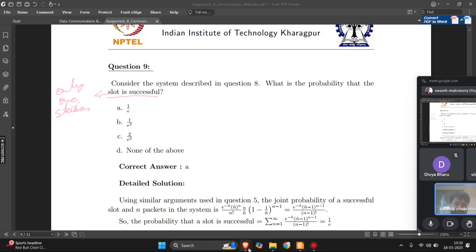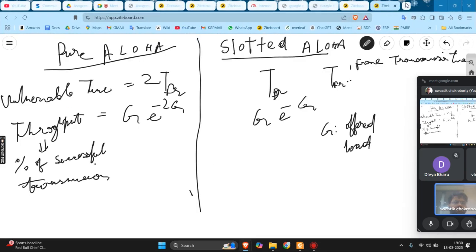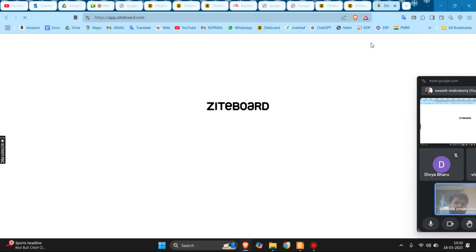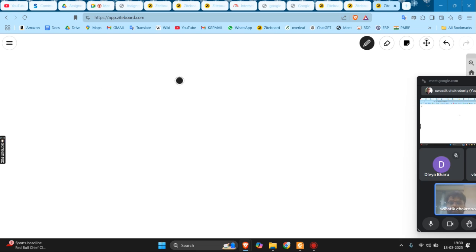So there can be three outcomes. One is the slot is idle.